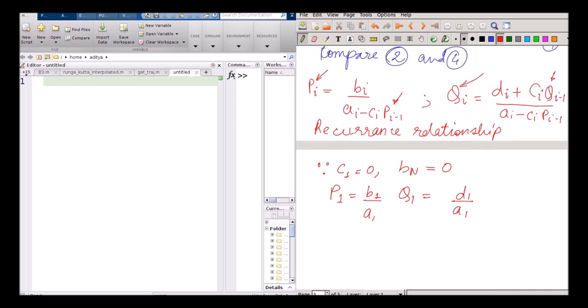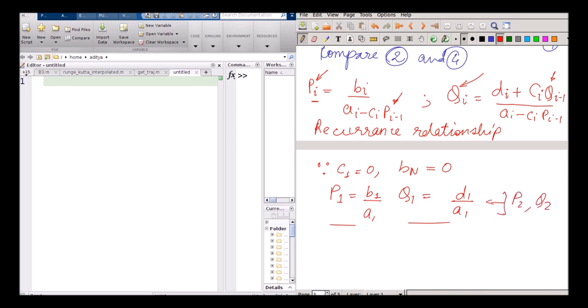We just set I equal to 1 in this recurrence relationship, and obviously you can easily find this out by writing the first equation for the very first node, where we disregard C1. Once P1 is known, if I put I equal to 2 over here, I will have a relationship between P2 and P1 and Q2 and Q1 and P1. Since we have Q1 and P1 already known, we can now find out P2, Q2.